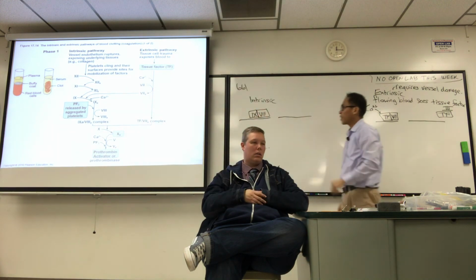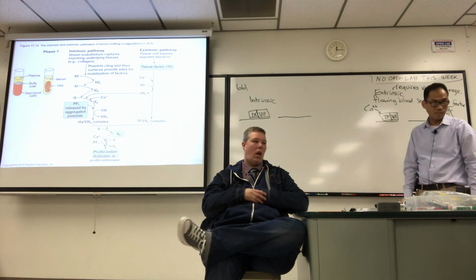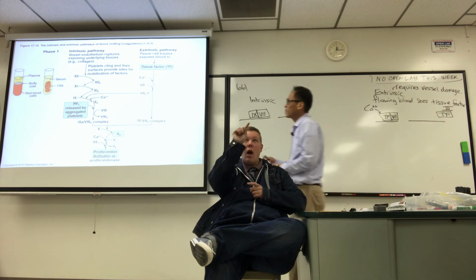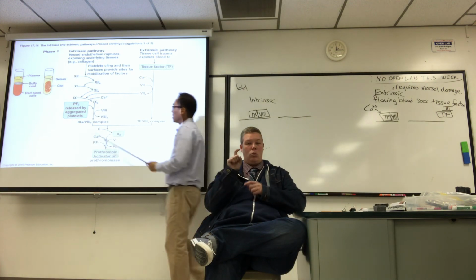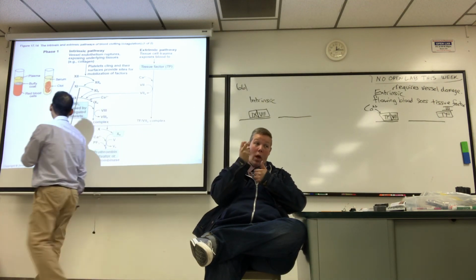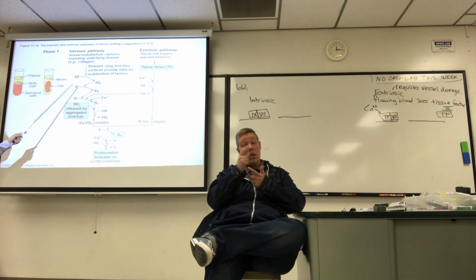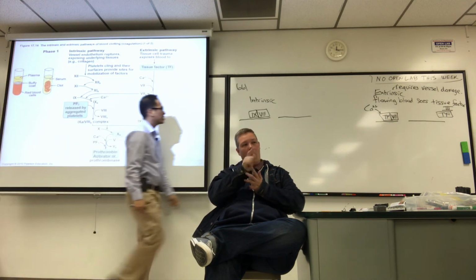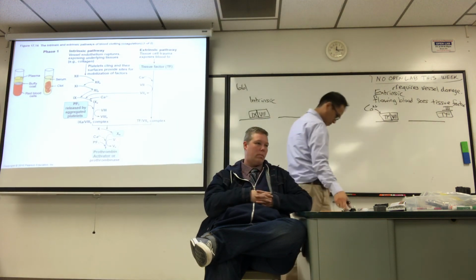Okay, so that complex took some work to get there. If you look at the cascade of events, you had to go 12 to activate 11, and 11 to activate 9. You also needed calcium. So there were a few more steps there.